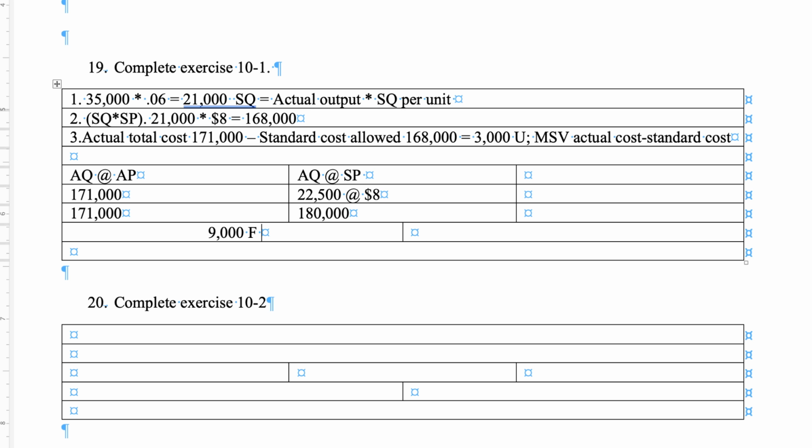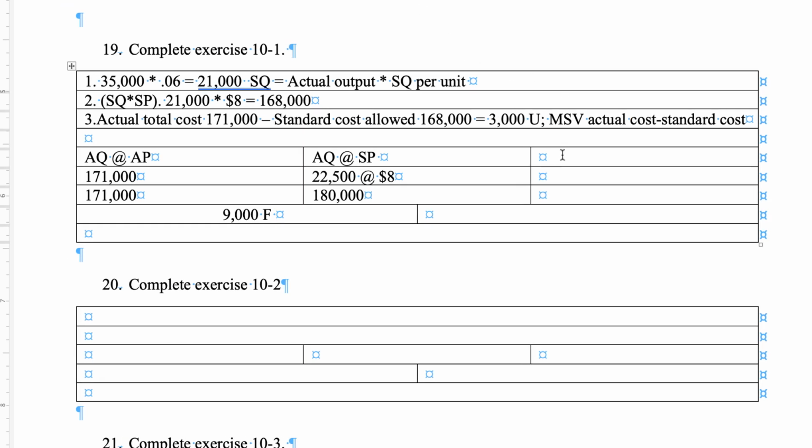Our materials quantity variance is probably messed up. So let's go ahead and calculate what the materials quantity variance is. Right off the bat we need to figure out what is the standard quantity allowed at the standard price. I already know my standard price is $8. I do not know yet what my standard quantity is.